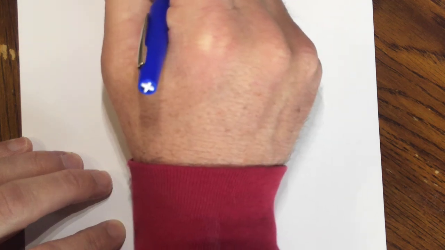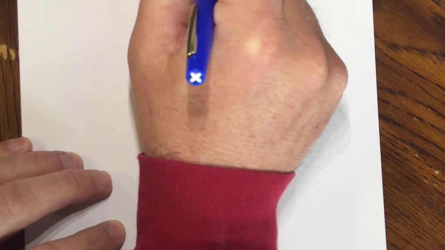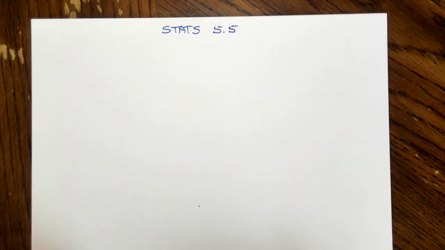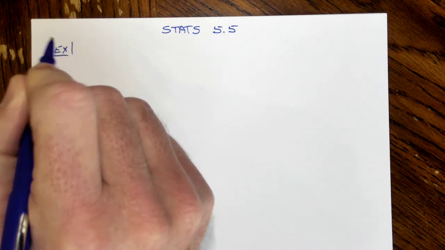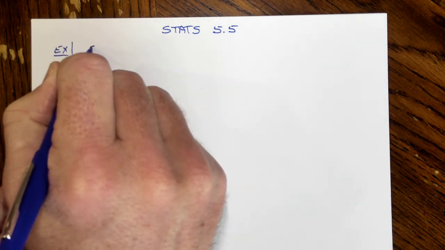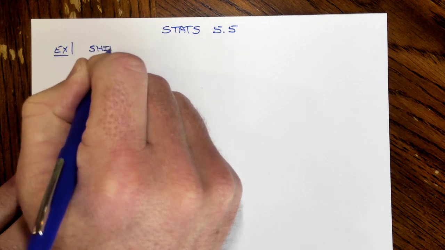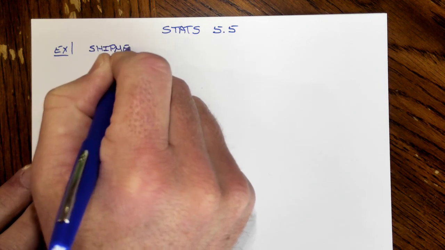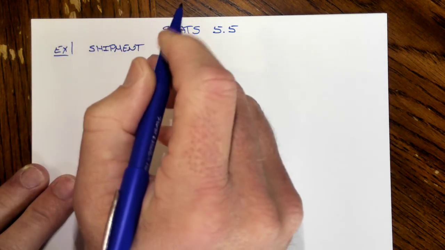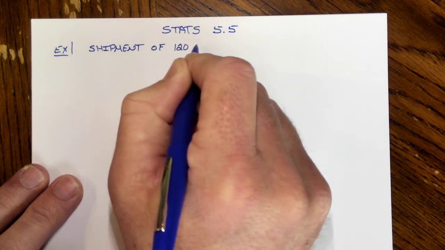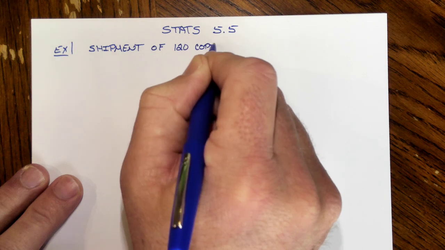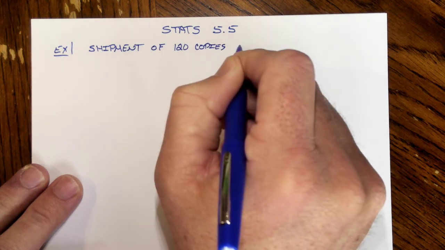Taking me a long time to write these things out. Okay, so looking at this example, here's our problem. Got a shipment of 120 copies of the movie 21.